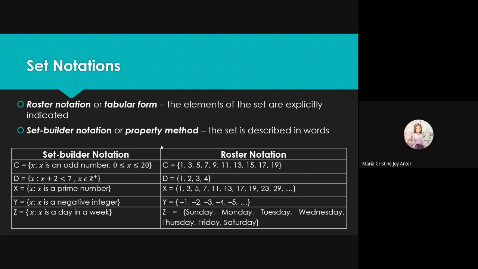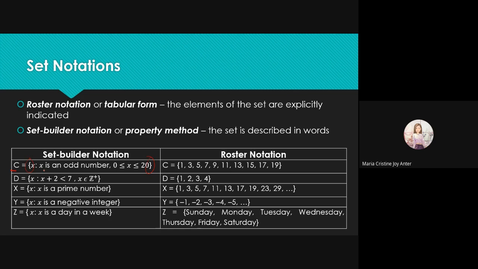Usually, in writing sets, we utilize a capital letter to represent that set, followed by braces, and then we express it in this manner. Or it can be in words: the set C is a set that contains odd numbers.